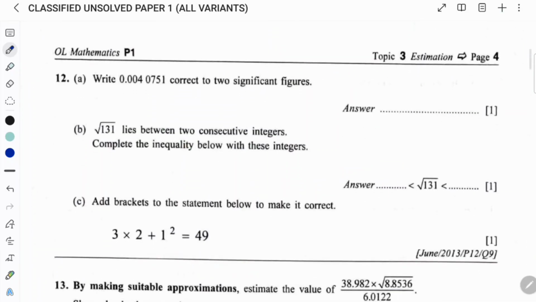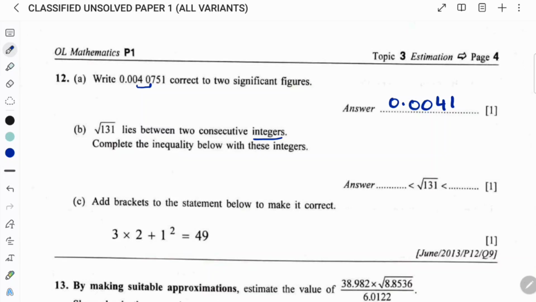Leaving some more questions. Write 0.0040751 to two significant figures. So this is only 2. After that we have 7, so we can write down 0.0041, which is two significant figures. The square root of 131 lies between two consecutive integers, which means whole numbers.